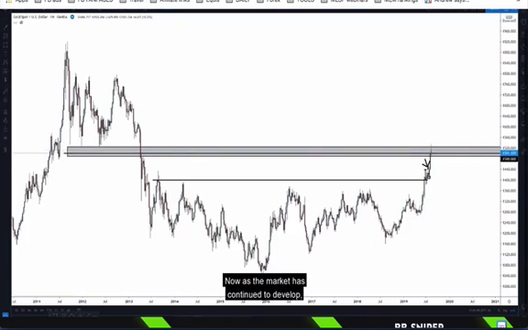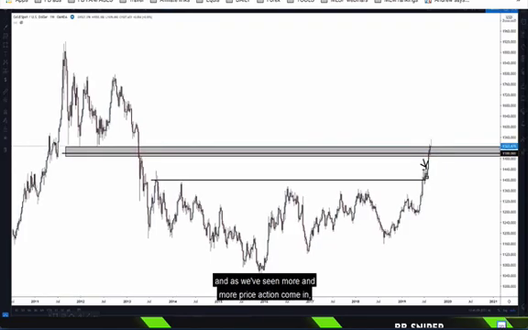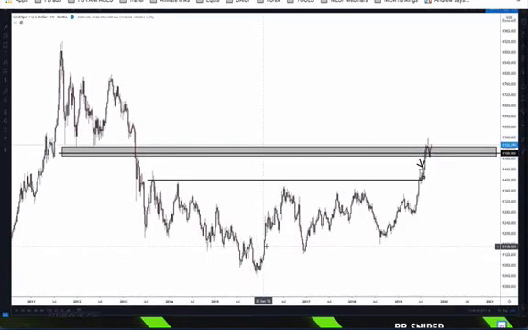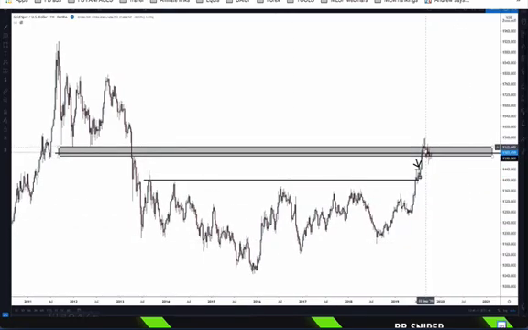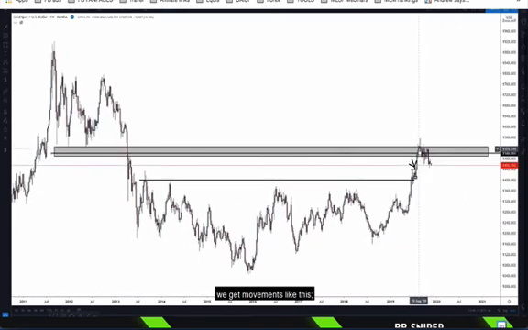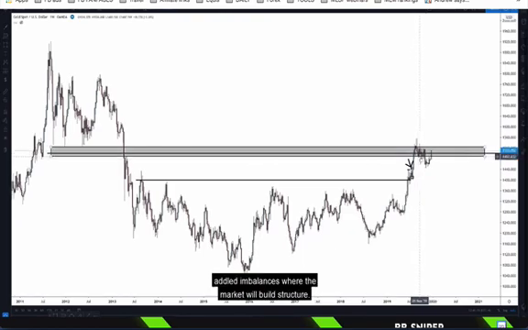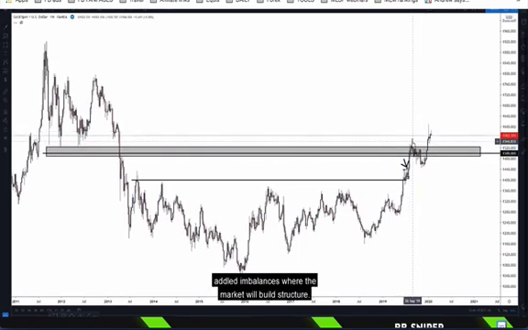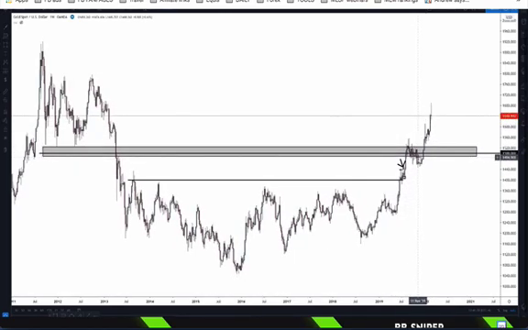Now, as the market has continued to develop, and as we've seen more and more price action come in, we get movements like this at old imbalances where the market will build structure.